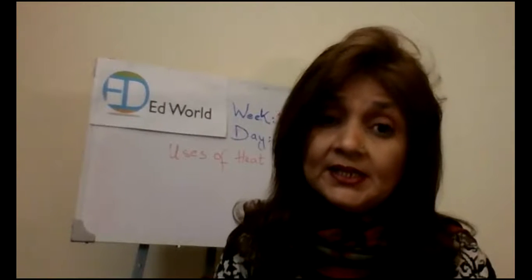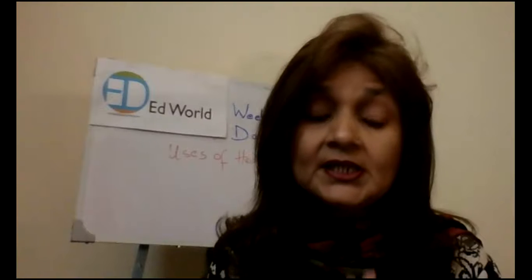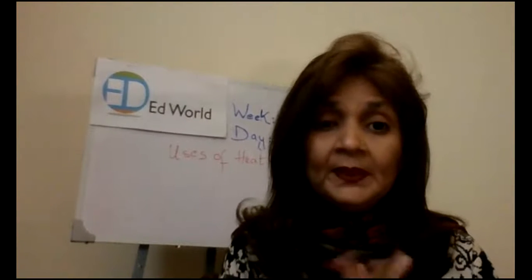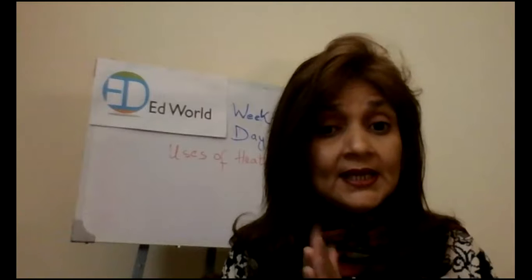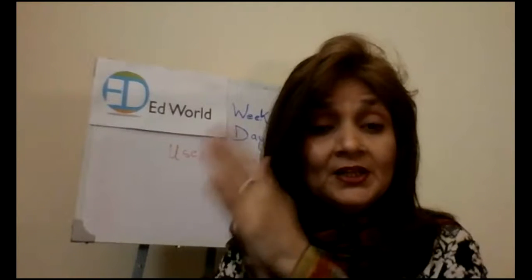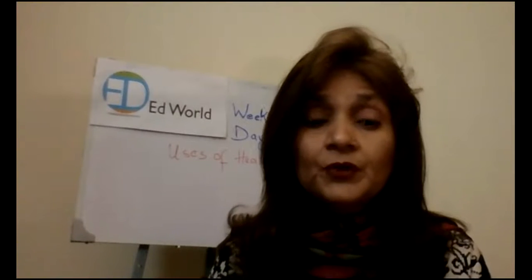As I said yesterday also, heat is a kind of energy. Heat is a form of energy. It is energy actually. Now, as I said in the last class, what happens when you rub your hands? Your hand becomes warm. So this gives you heat, right? So from where do you get heat?